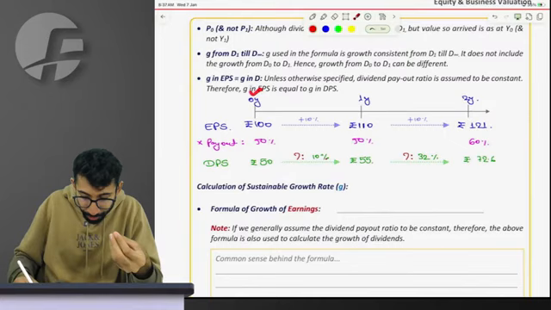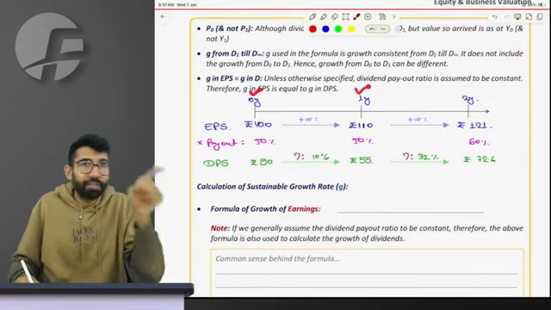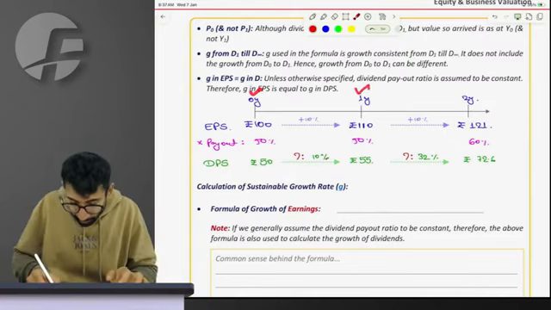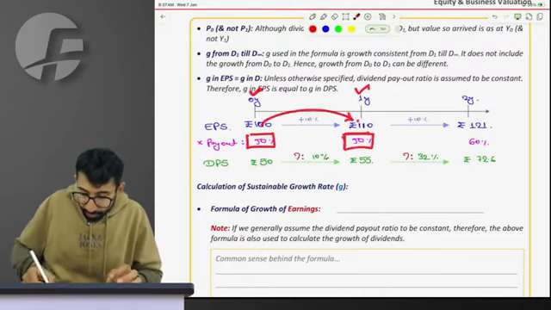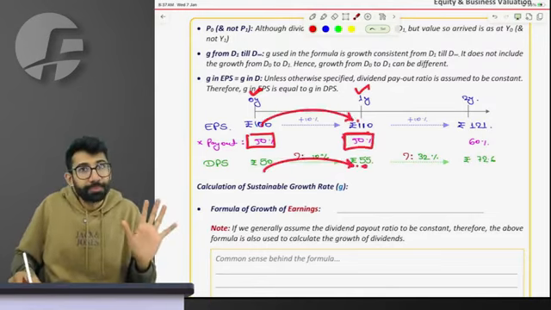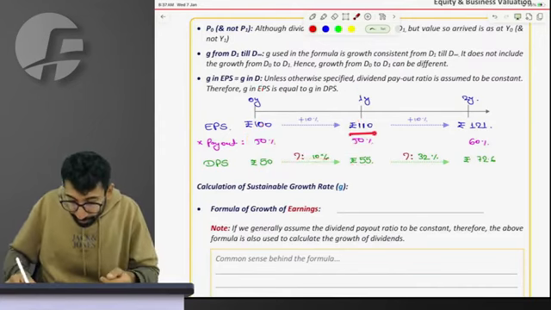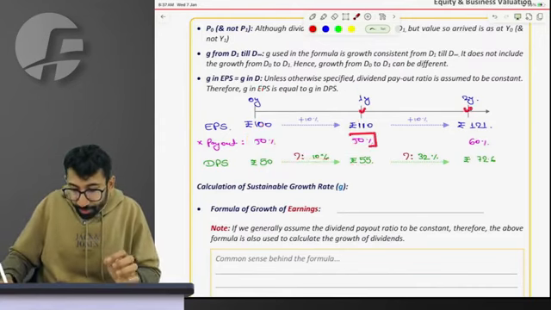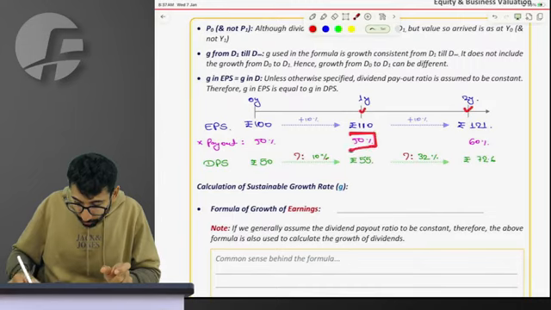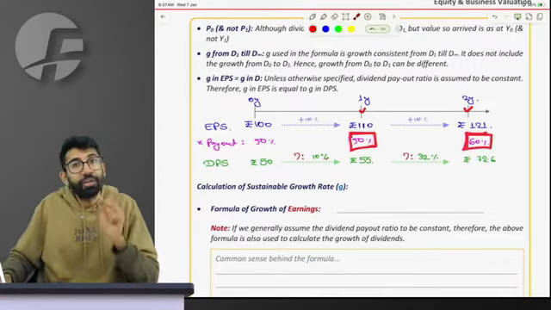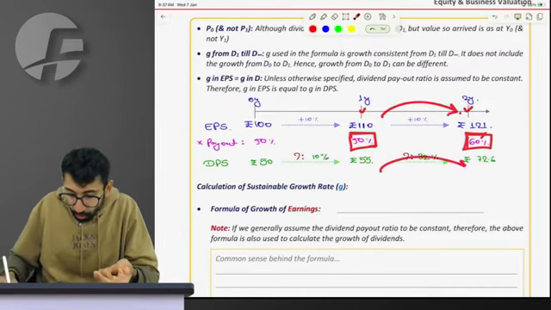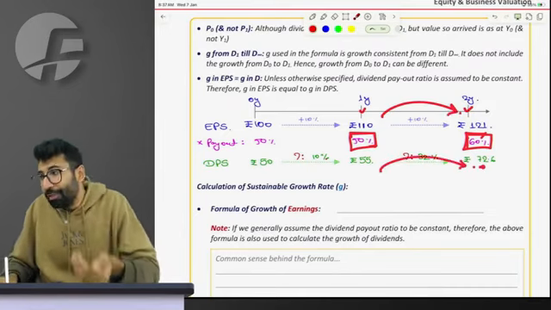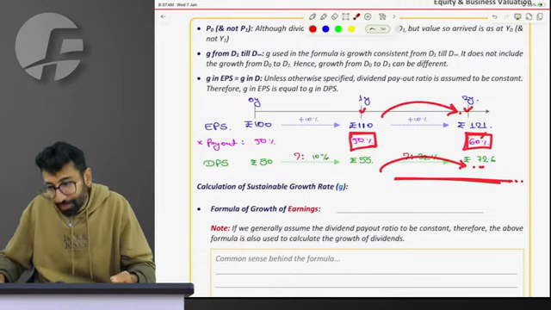Right from 0 year to 1 year, these are the 2 points between which the growth is calculated. For those 2 points, if the payout ratio is the same, growth in earnings will be the growth of dividends. However, if the payout ratios are different, then growth in earnings will not turn out to be the growth of dividend. It will be different, is the conclusion that I want to explain.